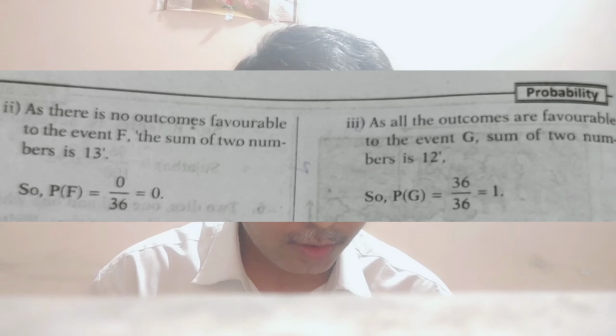And next, very important, coins. A game consists of tossing a 1 rupee coin 3 times and noting its outcome each time.